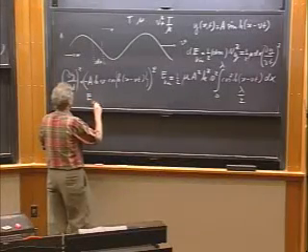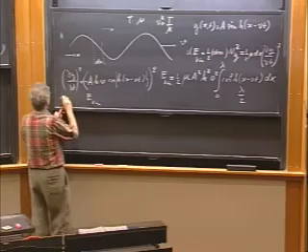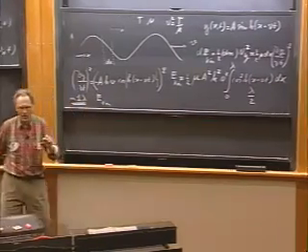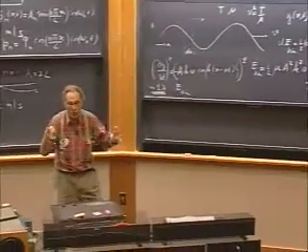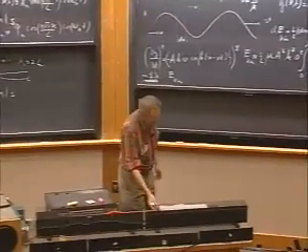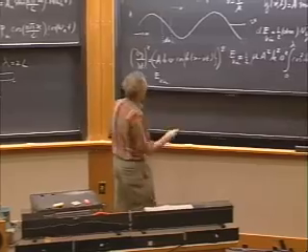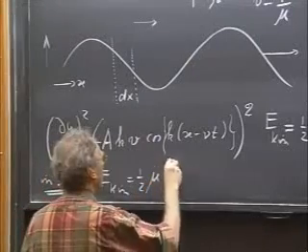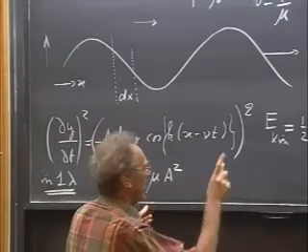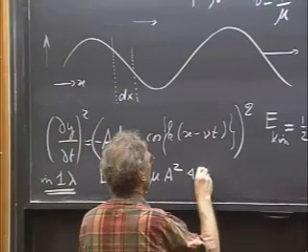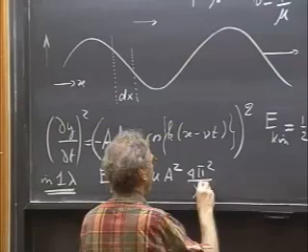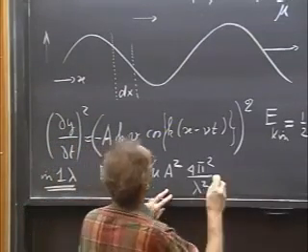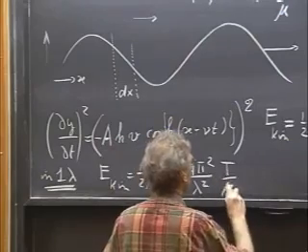So E kinetic now, and this is in one wavelength. This is my shorthand notation. All I'm calculating for you now is how much is in one wavelength. So you're going to get one half mu, you get an A squared. The K squared I can write down as 4 pi squared divided by lambda squared. For the V squared I can write down T divided by mu.